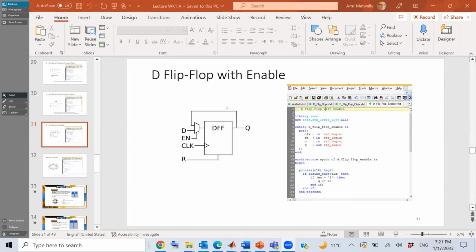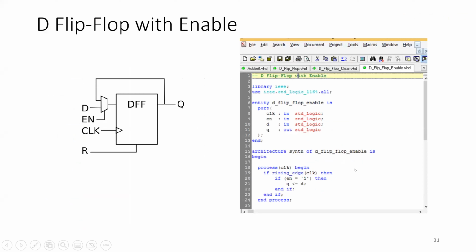Whatever the output is, I will feed it back and get the same output. So output will not change if enable is low. If enable is high, I will get D. This is programmed in here. As you can see, I depend only on the clock. My process has only clock in the sensitivity list. That's in here.